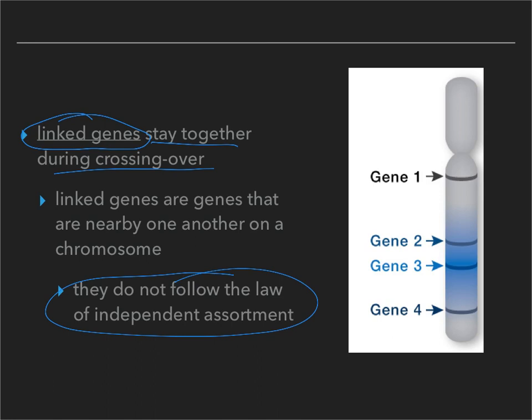They would be assorted together. Like here, gene 2 and gene 3, since they're very close together, would probably stay together during crossing over. Gene 4 and gene 1 probably would not, because they're further apart on the chromosome, and it would be easier to break this off and reattach it and reshuffle the genes with the homologous chromosome.